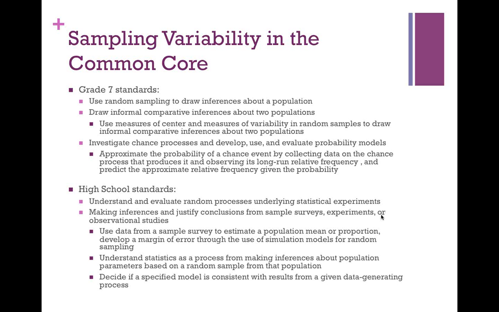Underneath that standard, there are three substandards saying use data from a sample survey to estimate a population mean or proportion, developing a margin of error through the use of simulation and random sampling; understand statistics as a process for making inferences; and decide if a specified model is consistent with results from a given data generating process.